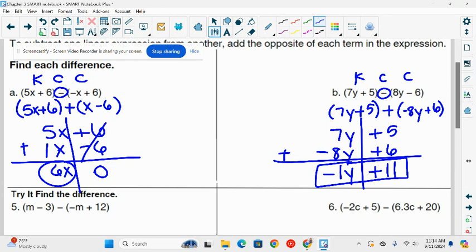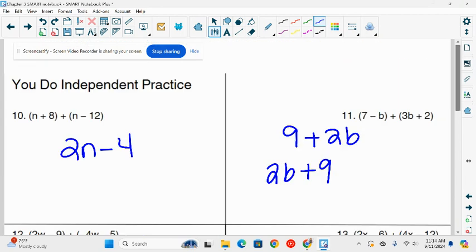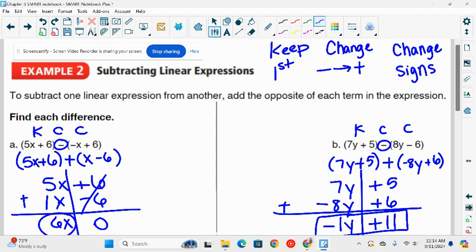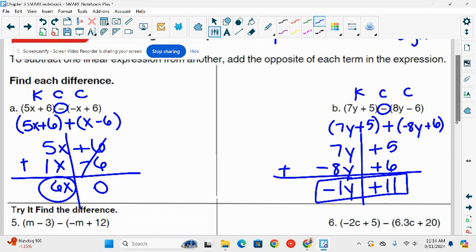The first ones we looked at earlier were adding, two parentheses separated by an addition sign. Now we see subtraction between our two parentheses. So when we subtract linear expressions, we go to keep, change, change, but if we add linear expressions, we just add.